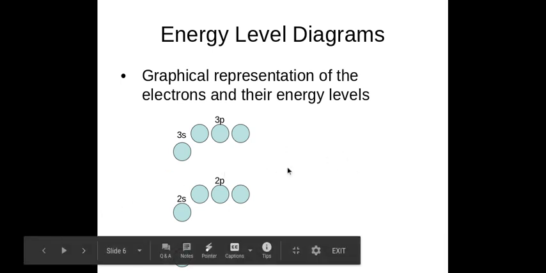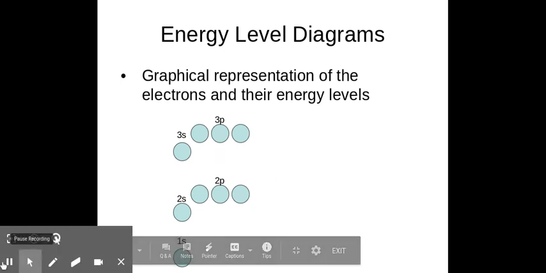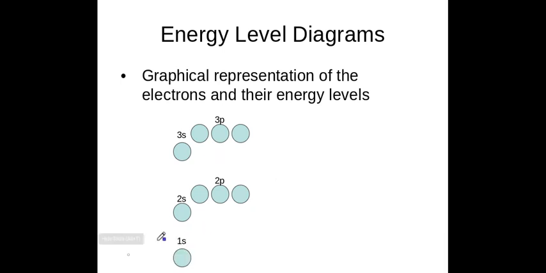The first option where you can put an electron is on the first energy level. Imagine this being n equals 1.